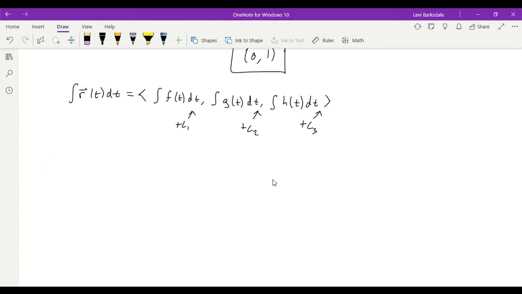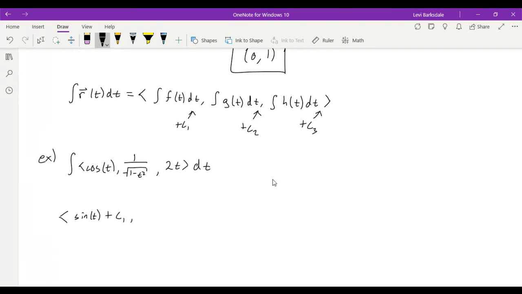let's do a quick example. We have the integral of cosine of t, 1 over square root 1 minus t squared, then 2t. Well, we simply integrate component-wise, so the integral of cosine is sine of t, but then we have to add our first constant.